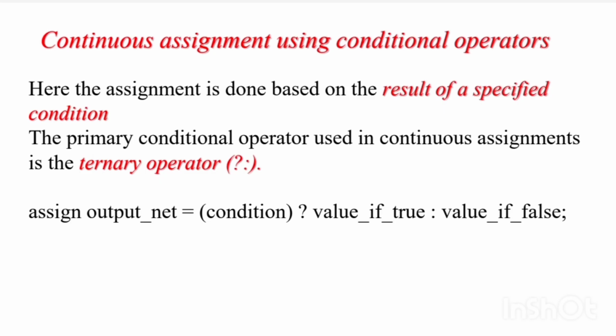The format usually is assign output net equal to condition, then ternary operator, then value if true, colon, value if false. So if the condition is true, the first value will be taken. If the condition is evaluated as false, then the second value will be taken.